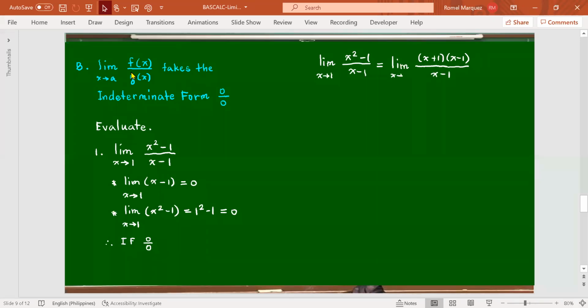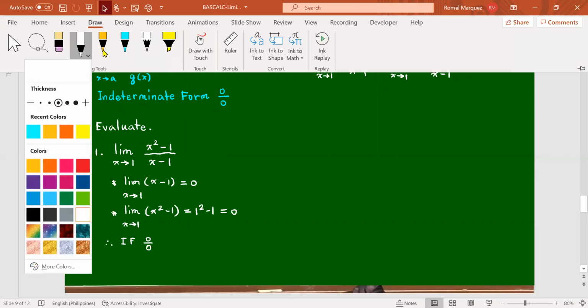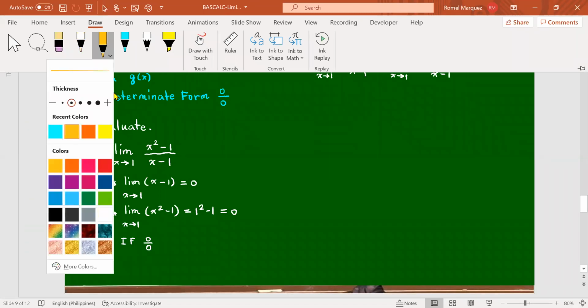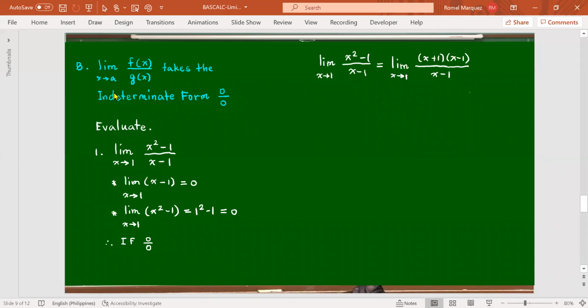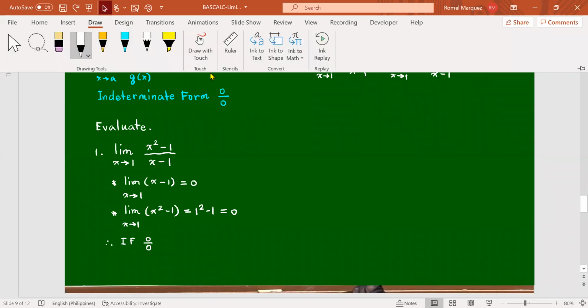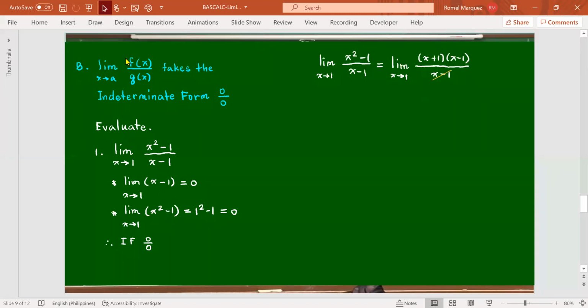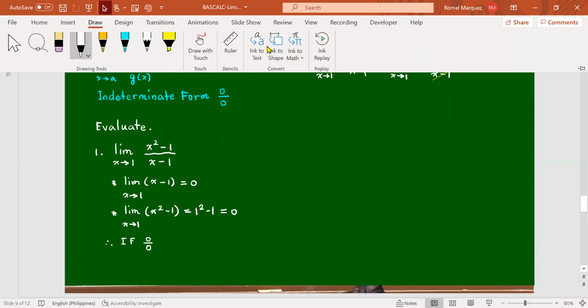As x approaches 1. For this case, guys, we cannot split it into the limit of the numerator over the limit of the denominator, because the limit of the denominator is zero. You cannot split that into a quotient of limits. So we cancel this. We are allowed to cancel that because x is not equal to 1, only approaching.